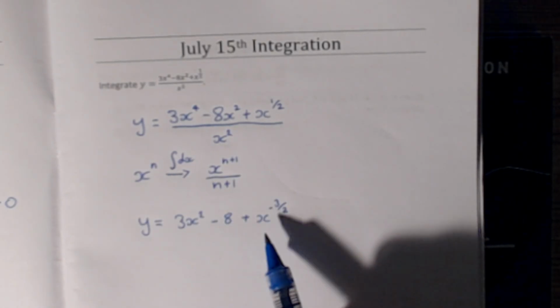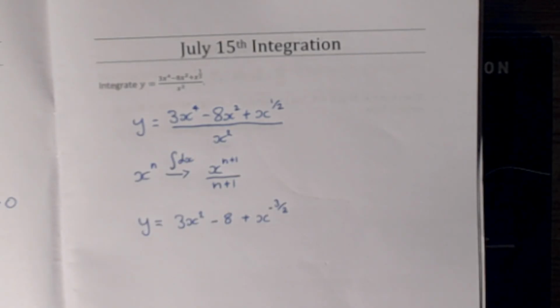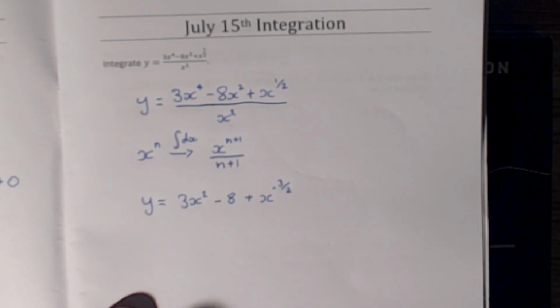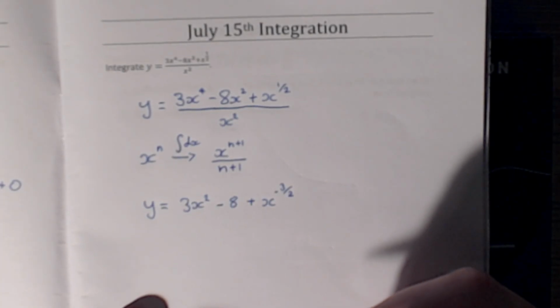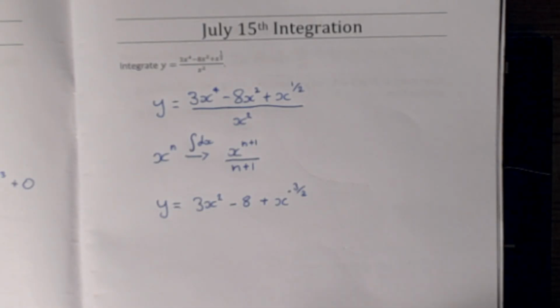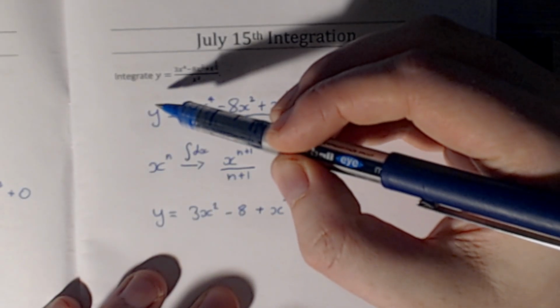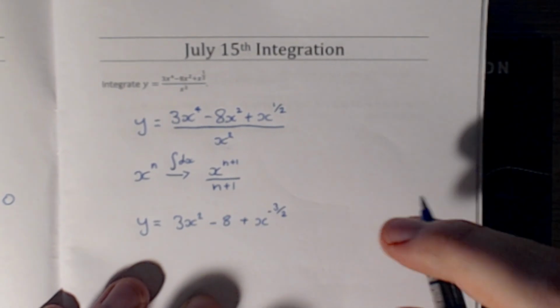Now we have three things in the form x to the n, so we can now integrate this. So the integral of y, now we don't really have a symbol for this as such. Perhaps if this was the derivative of y, so we could slightly change the question a little bit.